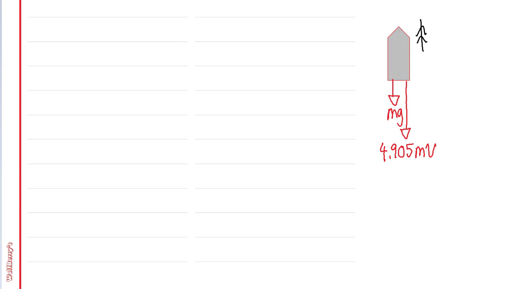Now, let's use Newton's law to model the equation. The sum of forces in the y direction equals ma in the y direction, with up as positive. Both forces are going down, but we're moving up, so up is positive and down is negative.